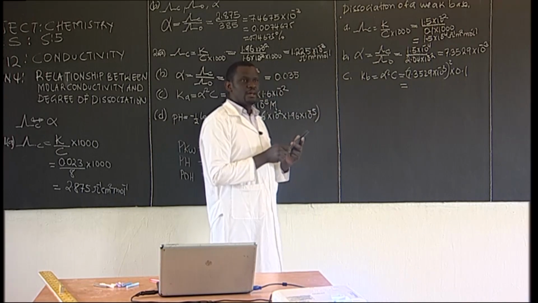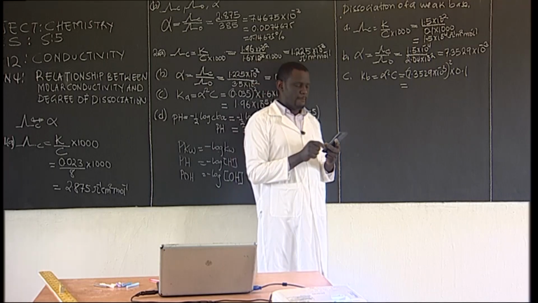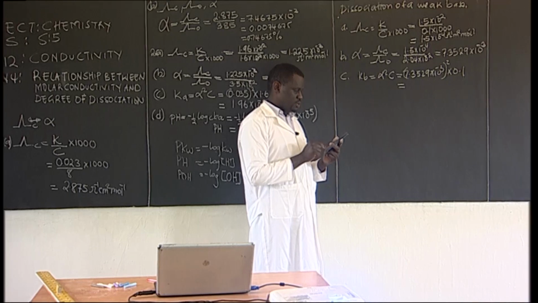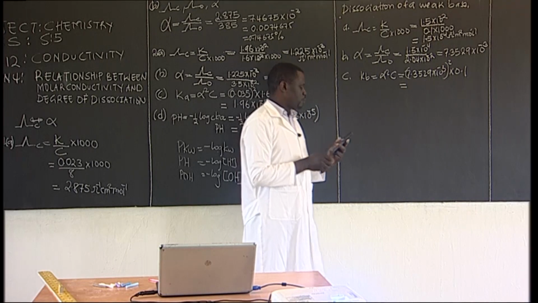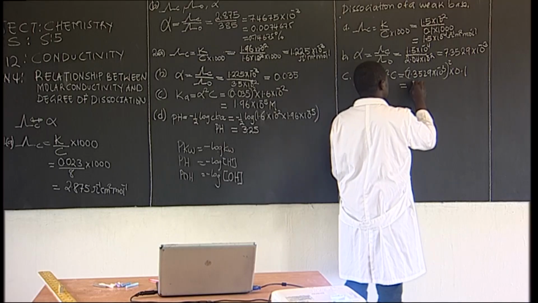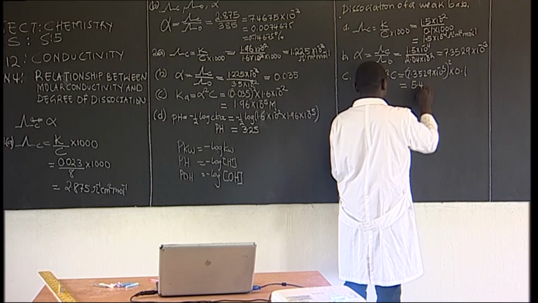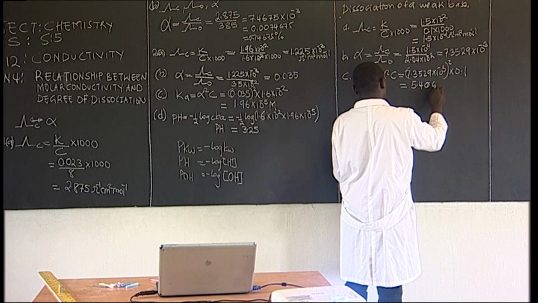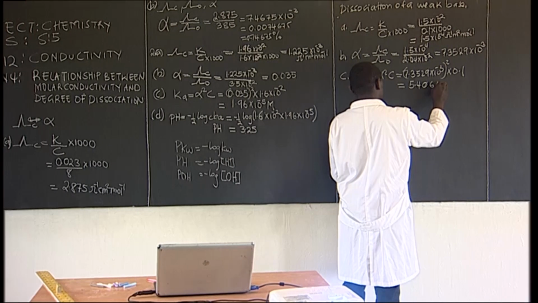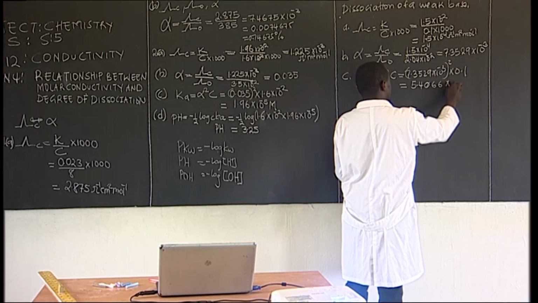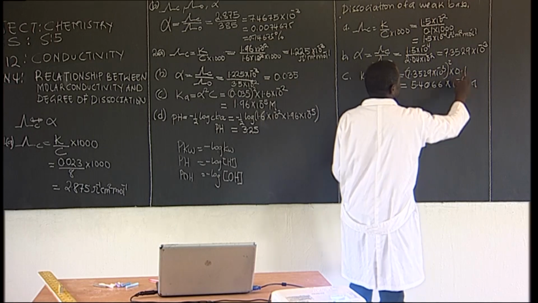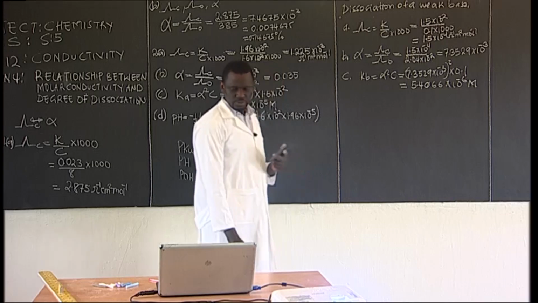So we square, then times 0.1. So we shall have our Kb, the base dissociation constant, as approximately 5.4066 times 10 to the power negative 6.